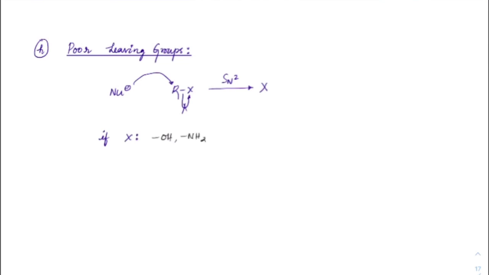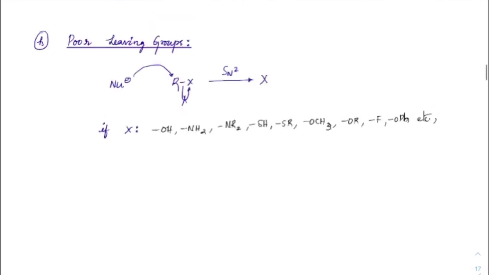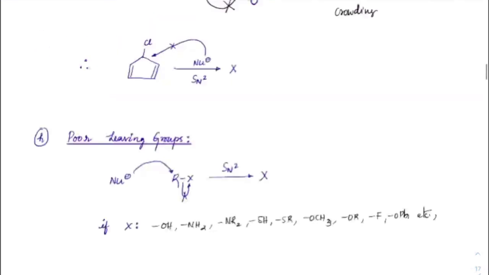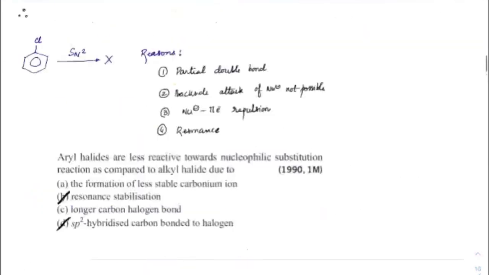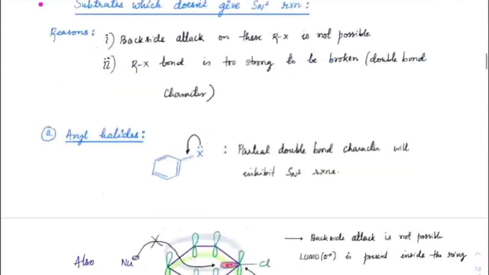NH2, NR2, SH, SR, OCH3, OR, fluorine, OPh, etc. These are all the groups which do not leave easily. So SN2 is not possible in these cases. So let me just summarize once again what the cases are. Got it.